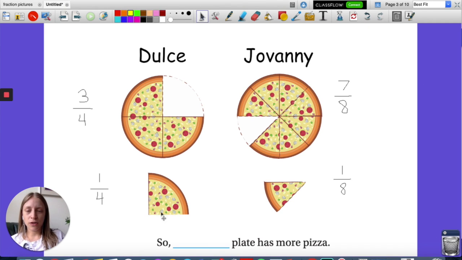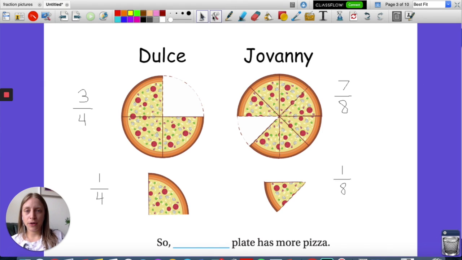I can also look at the size of the missing pieces. Giovanni's missing piece is less than Dulce's missing piece. That means more of Dulce's pizza is missing from her plate, which really means Dulce has less pizza left over on her plate.